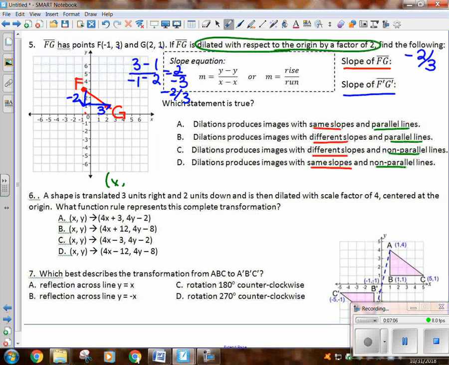If you take the x's and y's you're given and dilate by a factor of 2, multiply 2 times every x and 2 times every y. So F prime is 2 times that, -2 and 6. G prime is 4 and 2, because I multiplied both by 2.